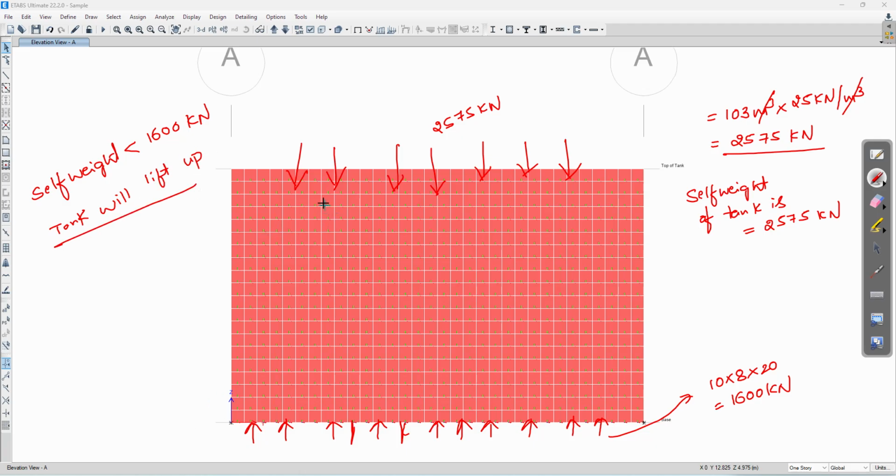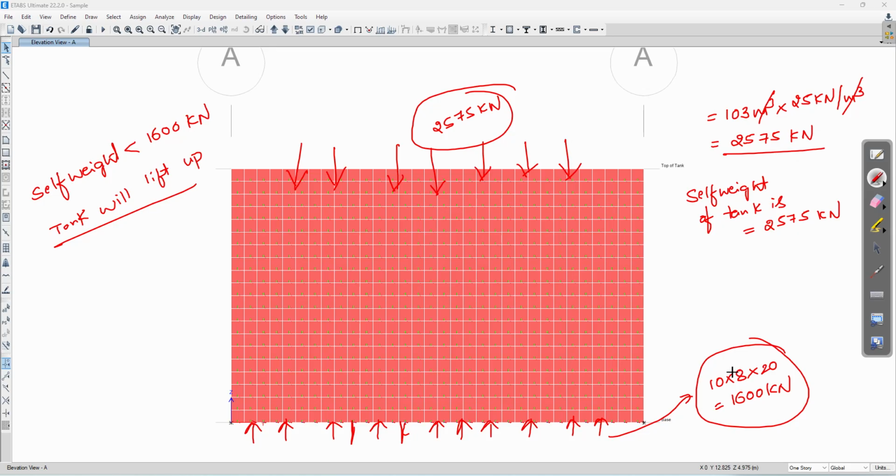In this case, it will not lift up because your self weight is more than the uplift pressure at base.